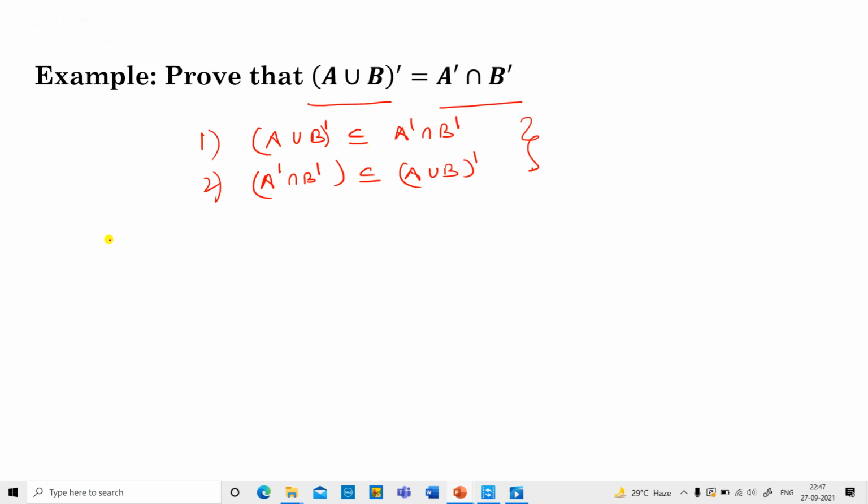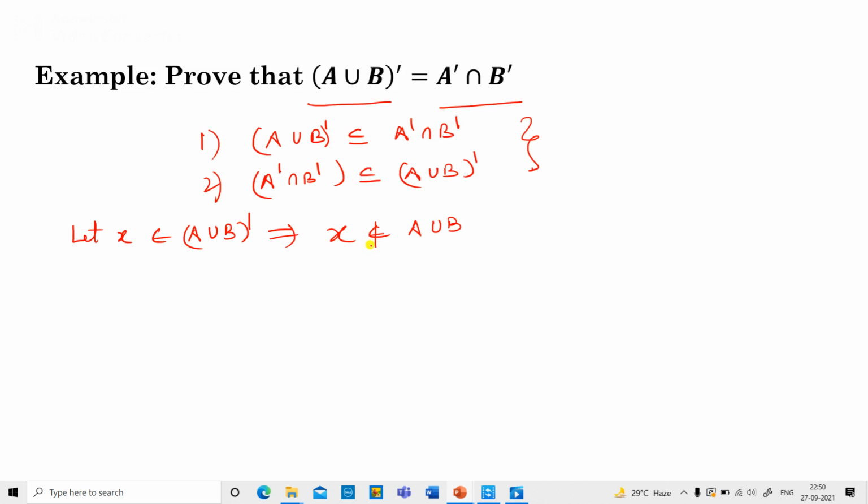So we'll start with this. The simple way to prove this: let X belong to (A union B)'. This tautologically implies X does not belong to A union B, because X belongs to (A union B)' means X belongs to U minus (A union B).